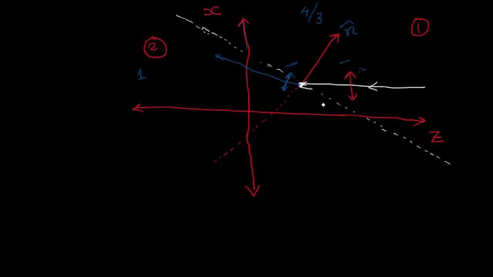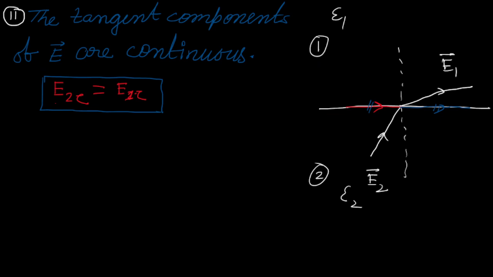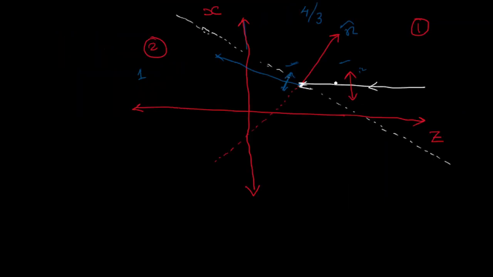One more condition we have to understand here. This is the interface, and these two boundary conditions I have written here are independent of time and independent of position. What does that mean? It means that if I incident an electromagnetic wave on this interface today, tomorrow, or any other day, keeping the two media and the angle fixed, the boundary conditions will always remain the same.